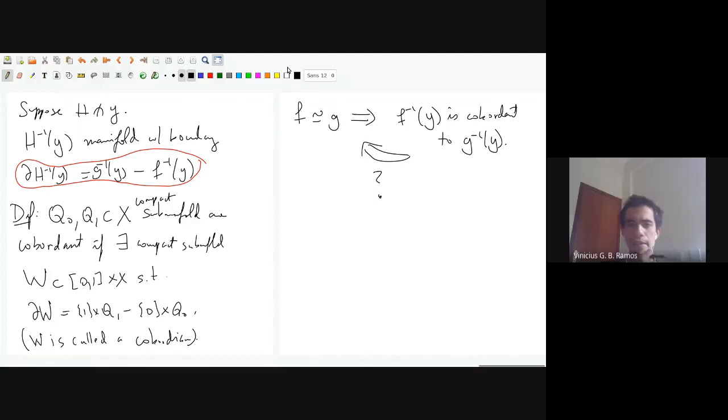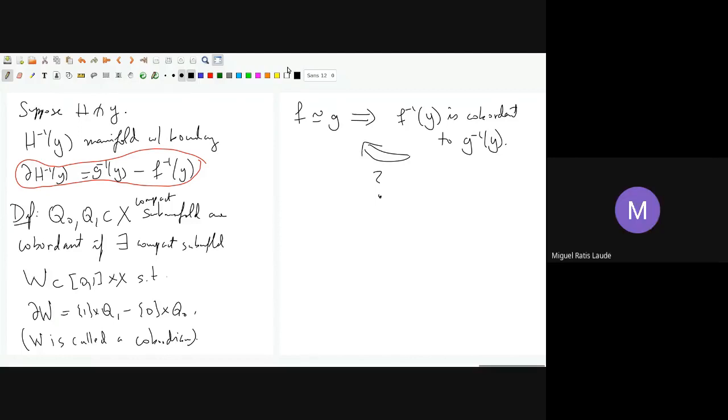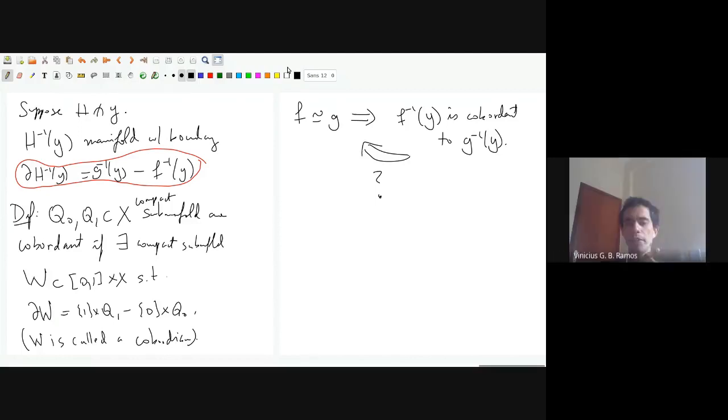Yeah, so basically the question would be, if I have two functions and I look at the preimages of the same regular value and they are cobordant manifolds, so I have this cobordism like that, can I actually prove that they are homotopic? Is this the right condition?